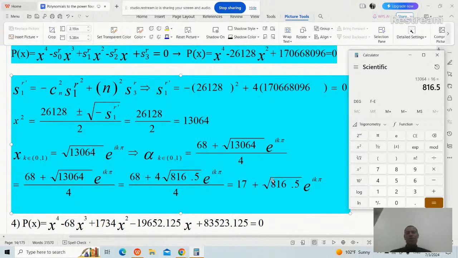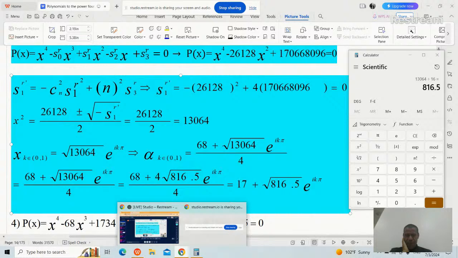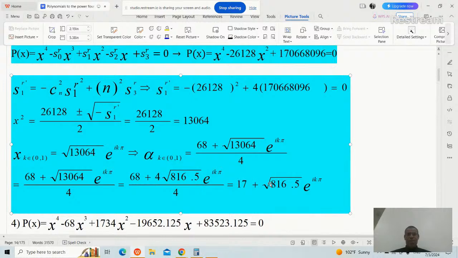Now I'm going to go to GeoGebra. So these are the roots we found. I can explore this more.